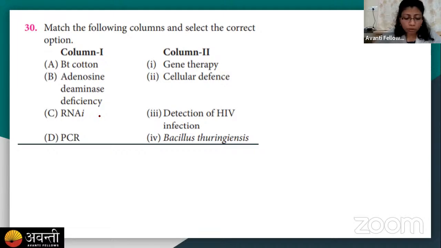I think the options are not given here. We have to match column A with column B. So you can give your answer. For A, what is the answer? For B? For C and D, what are the correct answers?